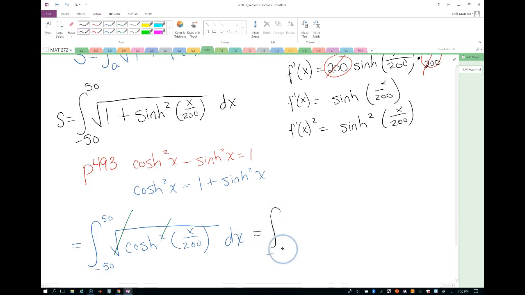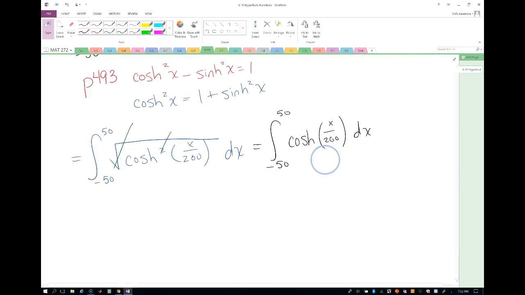And now we're down to something much more manageable. All we have to integrate is hyperbolic cosine of x over 200. So I'm going to do a quick little u substitution for my angle there. If we let u equal x over 200, then du is 1 over 200 dx.